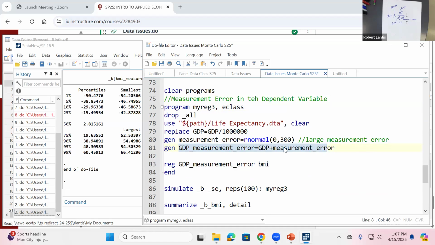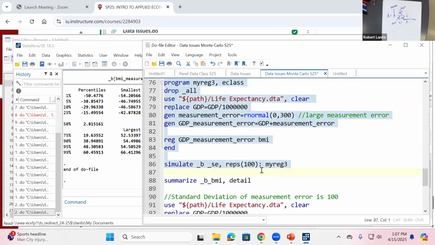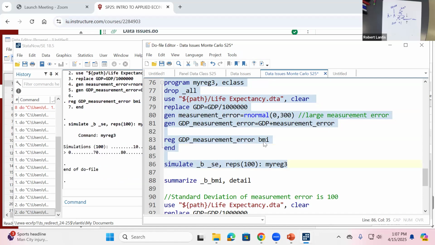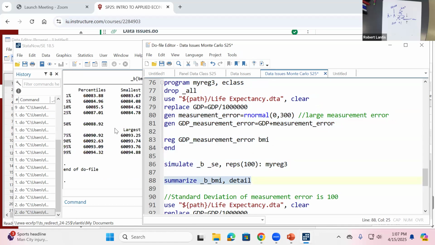So we can do the same thing, right? Clear out the programs, run this new program, and run the simulation where it runs the regression of GDP with the measurement error on the actual BMI. So our independent variable no longer has measurement error, but our dependent variable does. We're going to save all those coefficients, and what we see, oh, what do I end up with?